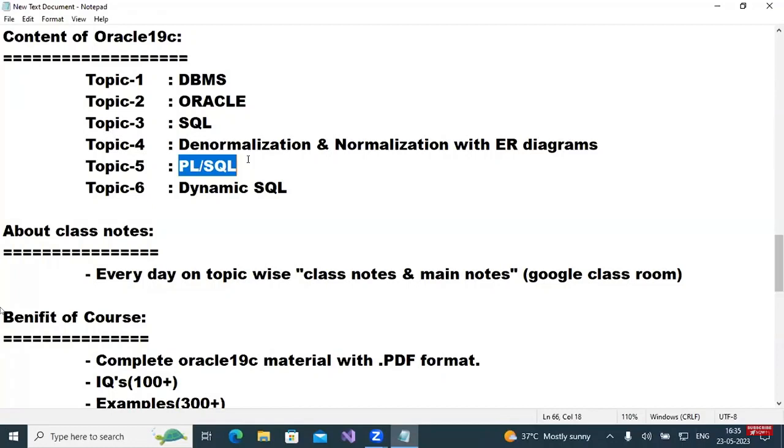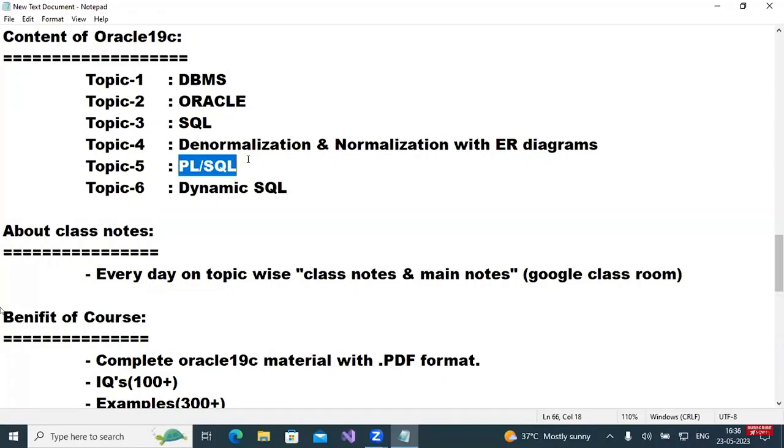In Java, can you interact with functions? Yes or no? User-defined functions, how to create a public function name. Here also we have functions. In Java, you have exception handling, so how to handle runtime errors. The same in PL/SQL, we also have exception handling.